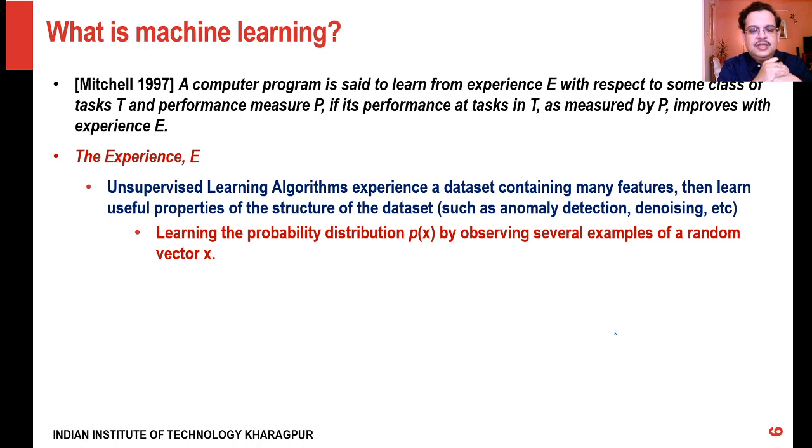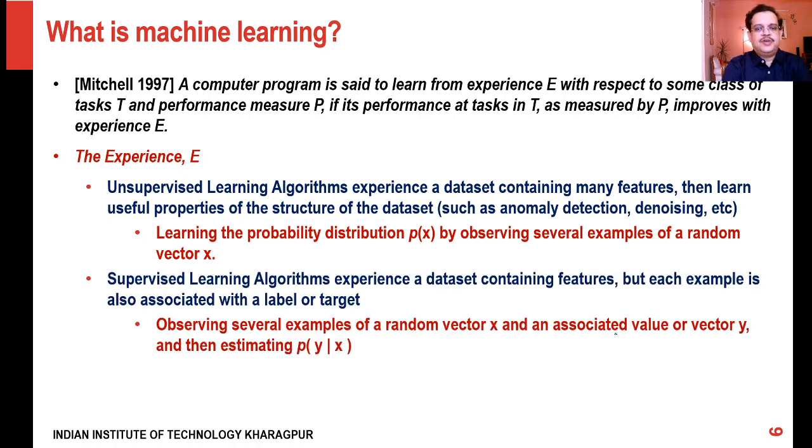So it does not need any other knowledge except for the data that is provided to it. Effectively it learns the probability distribution P(x) by observing several examples of a random vector x, and then when it suddenly sees that the distribution has changed or there are values which do not fit the distribution, it finds that as an anomaly.